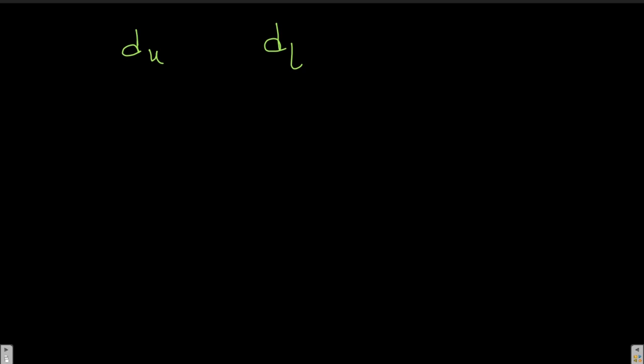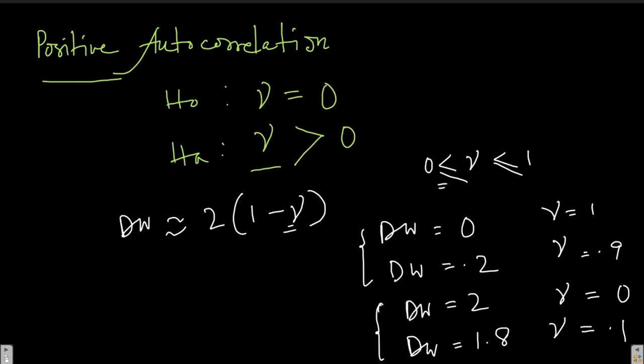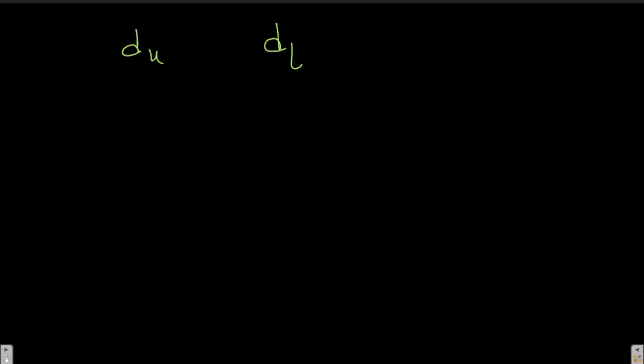For positive autocorrelation, if DW is pretty low, 0 or 0.2 or around that, in other words, if DW is less than some lower critical value, let's say 0.3, then only can I say the positive autocorrelation is significant.